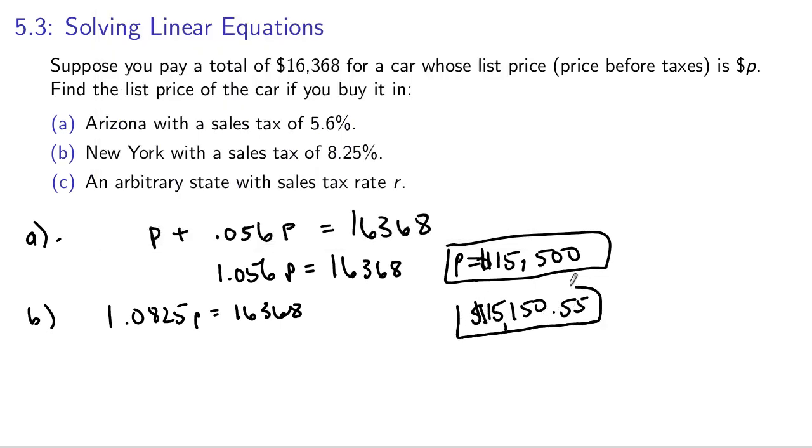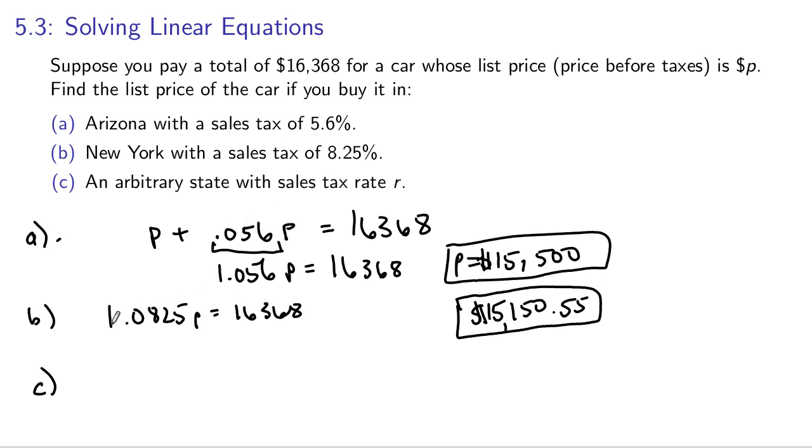Okay, so that was the list price of the car in New York for us to pay the same final price since it has more tax. C, an arbitrary state with sales tax rate of R. So here the rate is R. The rate is what we put in here. We took the percent and we turned it into just a rate, a number we can multiply by.